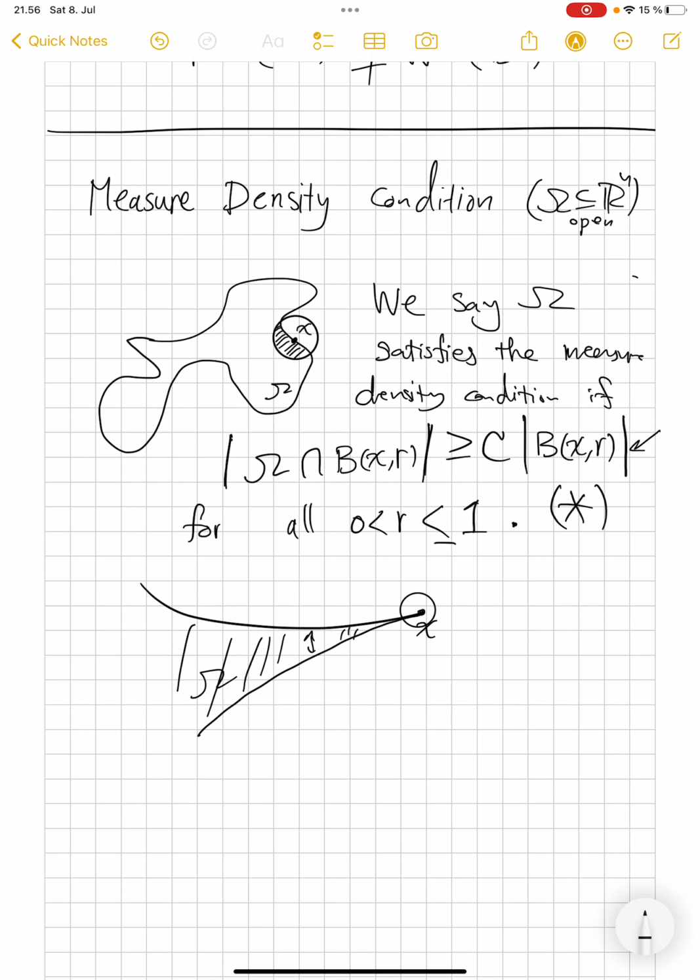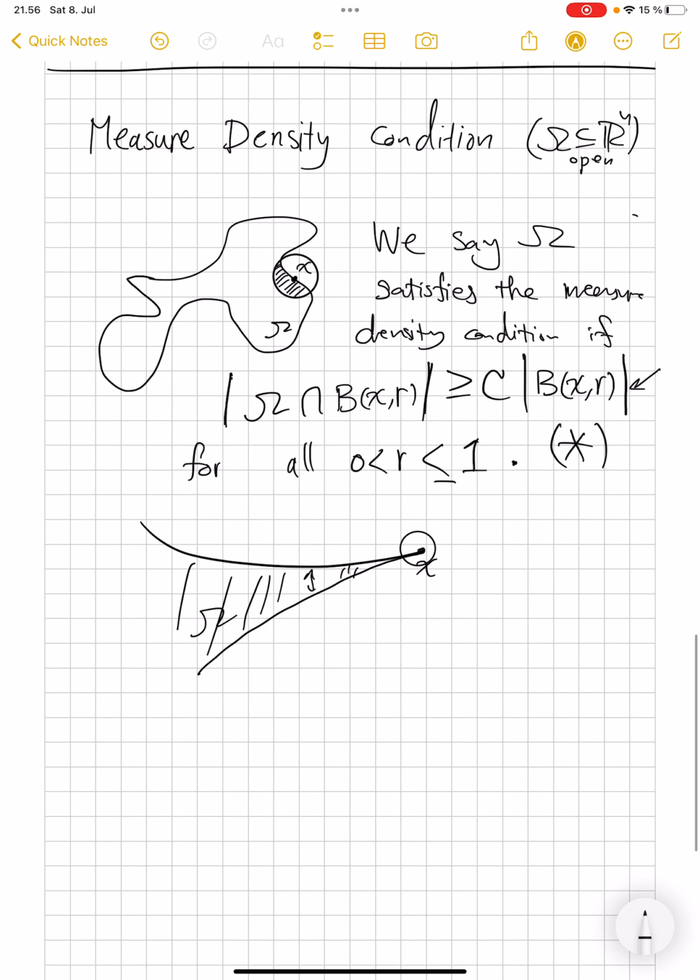Okay, so what does this have to do with equality of the W^{1,p} and M^{1,p} spaces?